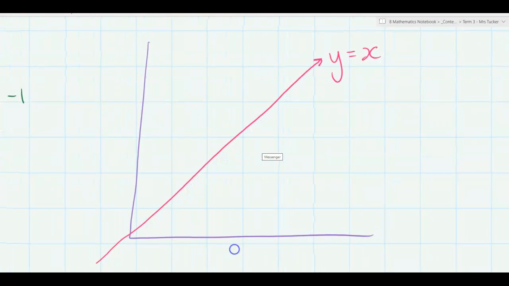Now, what is the y-intercept of that line? So it's going through the origin. Now, the gray line means for every time we go up 1, we go over 1, up 1, over 1, up 1, over 1. So that is kind of your baseline that we should know.